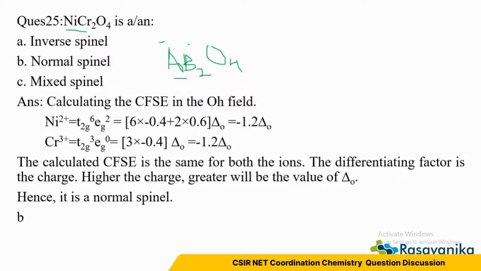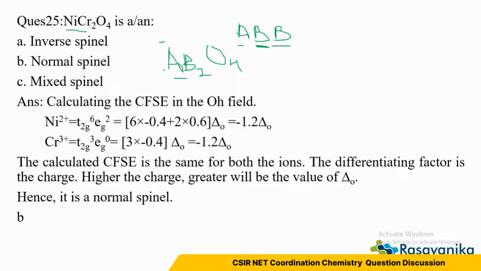When we have 2B, 1B goes to the tetrahedral void and A goes to the octahedral void. So 1B3+ enters the tetrahedral void, and A2+ and B3+ go in the octahedral void. Then it will be an inverse spinel, right?